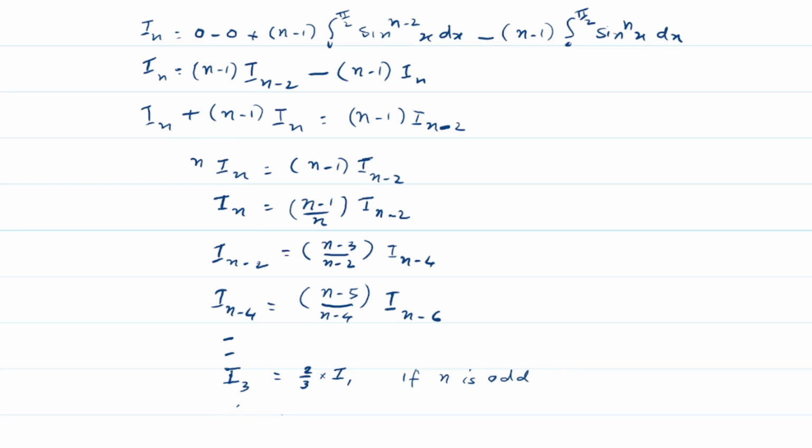So n can be odd or even. If n is odd, this last term will be I_3, 2 by 3, I_1. Or I_2, 1 by 2, I_0, if n is even. If n is even, the last term will be I_2 equal to 1 by 2, I_0.